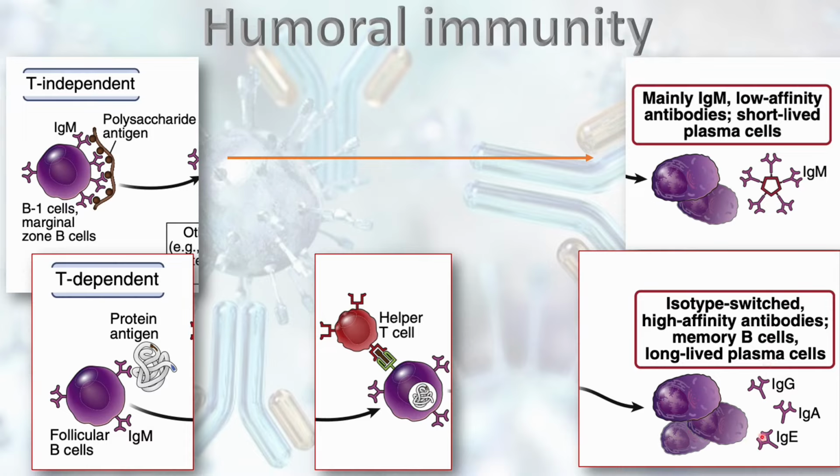We have different types of antibodies, and the IgG, for example, is long-lived. In addition, the helper T cell helps make memory cells, B memory cells, so that when we encounter the antigen a second time, we're able to combat it.